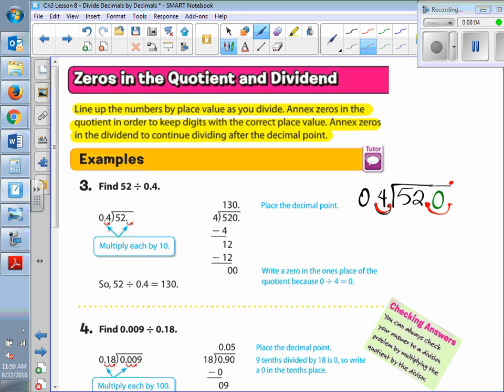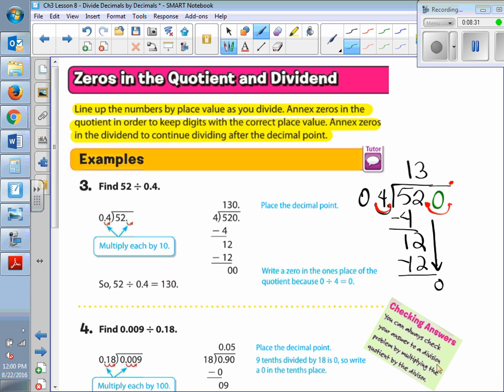Right? So, how many times does 4 go into 5? 1 time. So 1 times 4 is 4. Then we subtract and bring down the 2. How many times does 4 go into 12? 3. Good. So 3 times 4 is 12. Subtract. Bring down the 0.